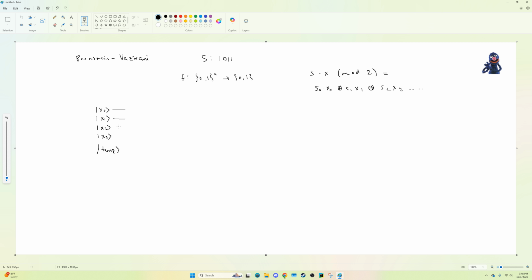So to design the circuit, we're going to have a sequence of CNOTs that will constantly flip some temp variable, and the temp variable will store the result of this whole operation.